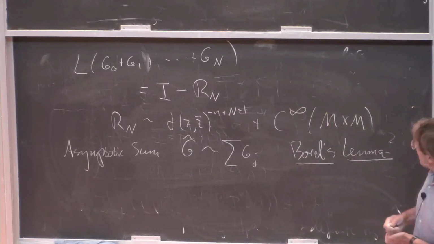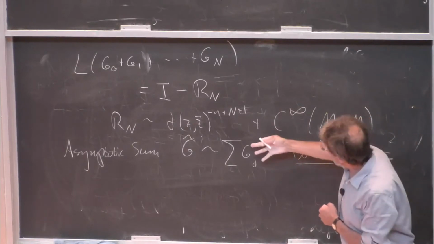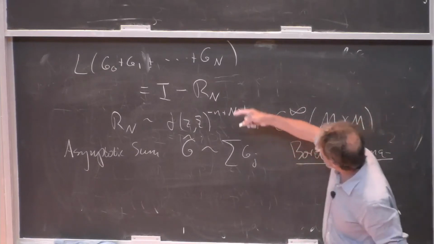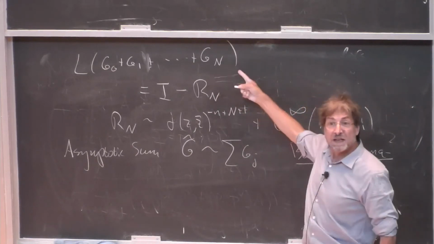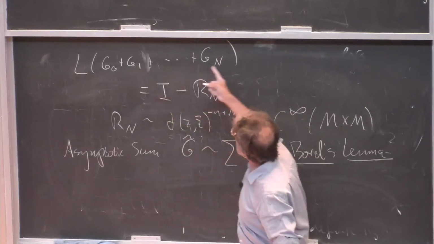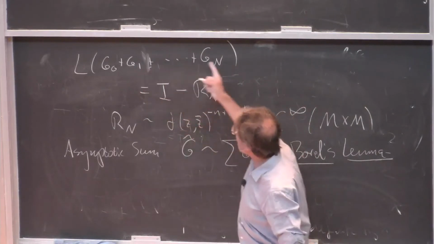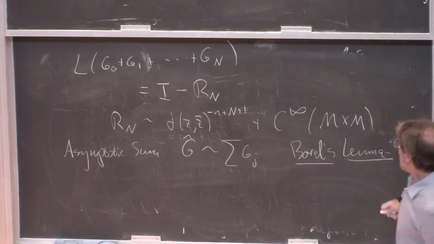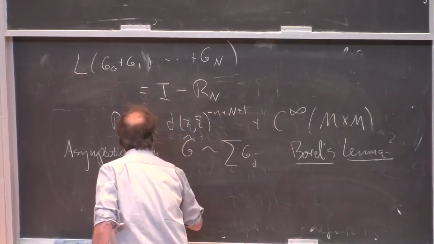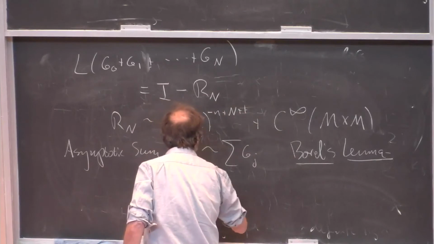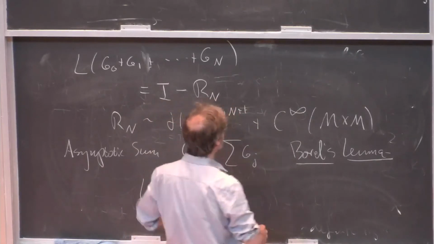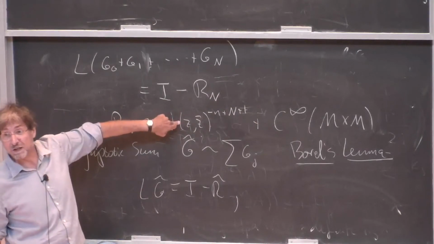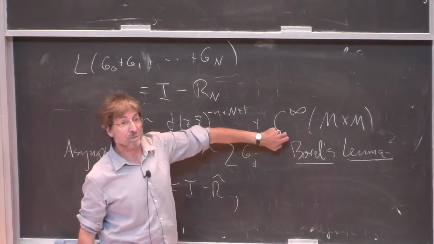Namely, you try to find a function that is, well, not quite smooth, but it has this asymptotic development where if I take G tilde minus any finite sum, it decays like the next one. Okay? And what I'm going to get is that L of G tilde is equal to the identity minus an R tilde. And this R tilde now has two bits, a piece which vanishes to infinite order on the diagonal, plus a general smooth term.